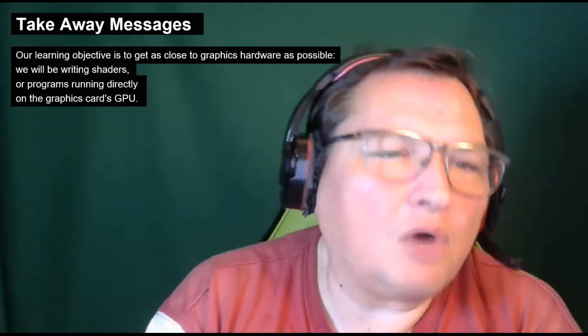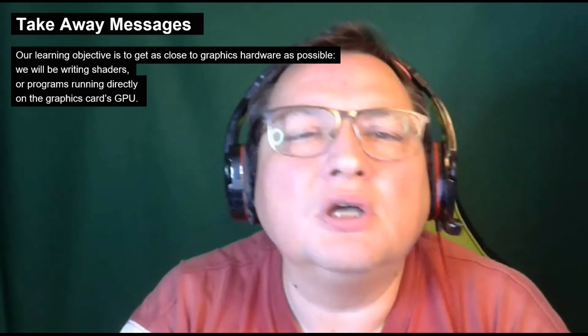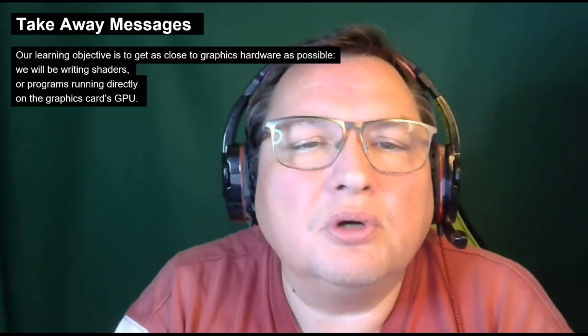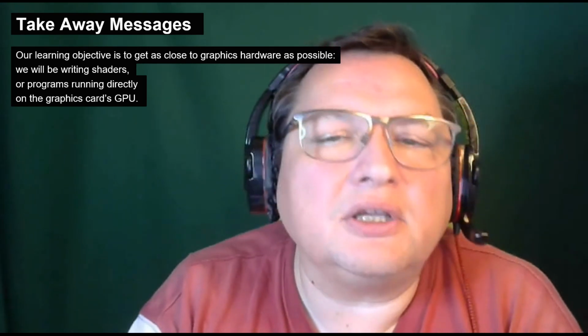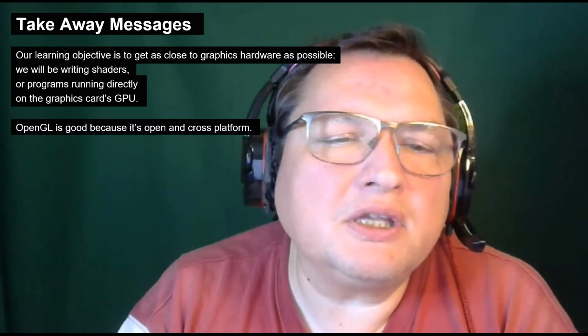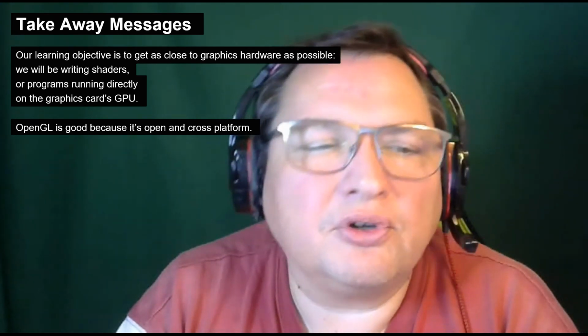And with this bombshell, we are arriving at the takeaway messages. Our main learning objective in this part of the module is to get as close to graphics hardware as possible. We'll be writing shaders, or programs running directly on the graphics card's GPU. OpenGL is good for it because it's open and it's cross-platform.